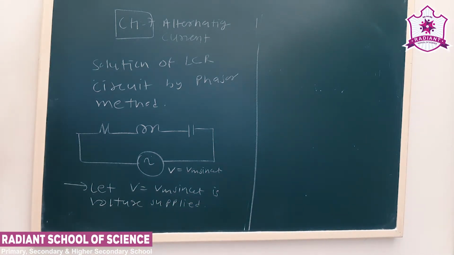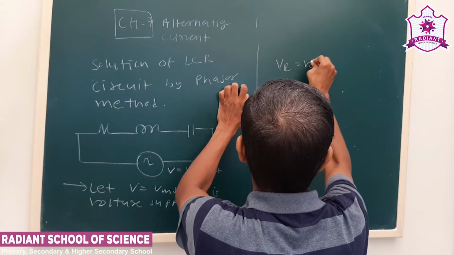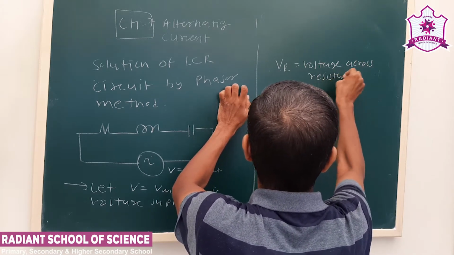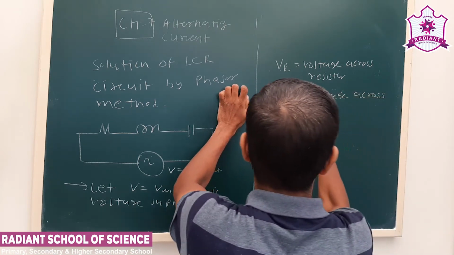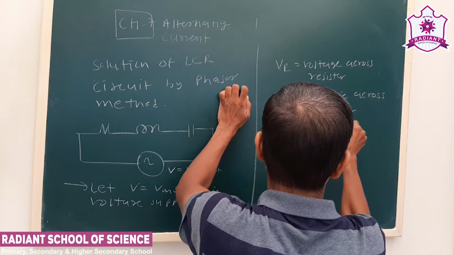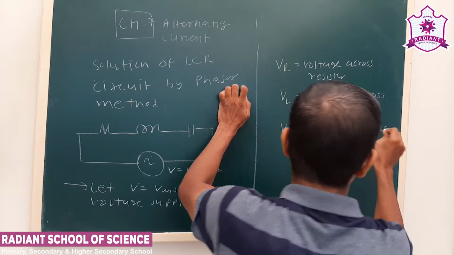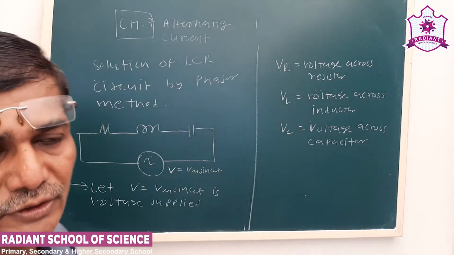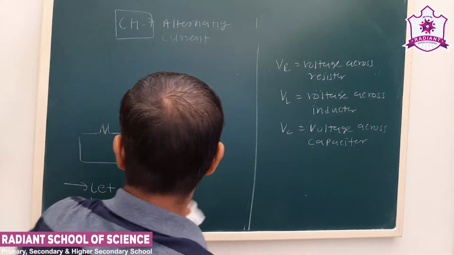Now see VR, VL, the voltage across each component. Now see the phasor relation which I mentioned just now, we have to see in only one diagram.